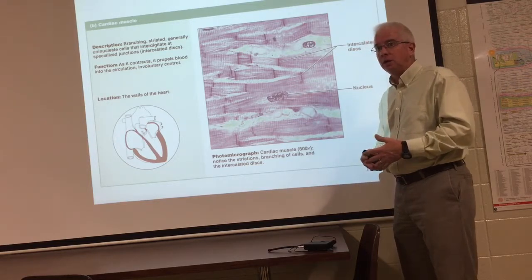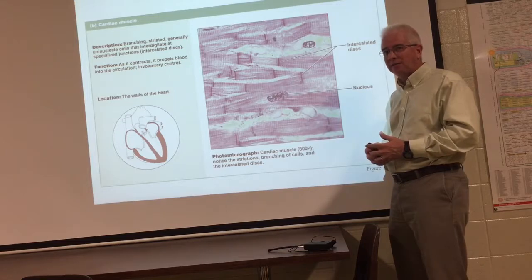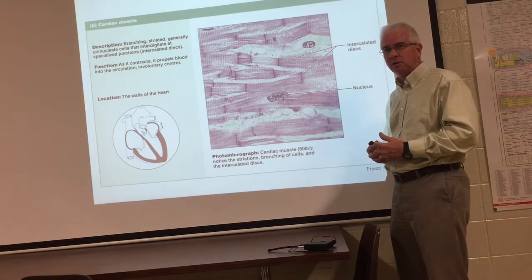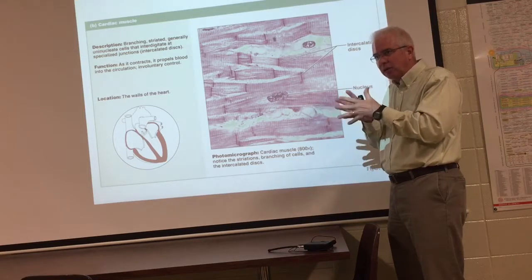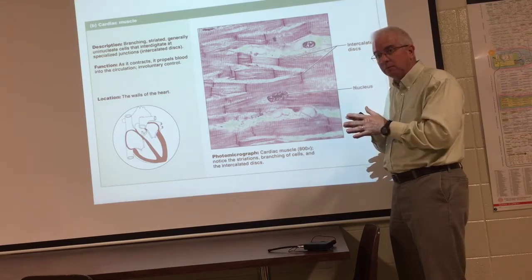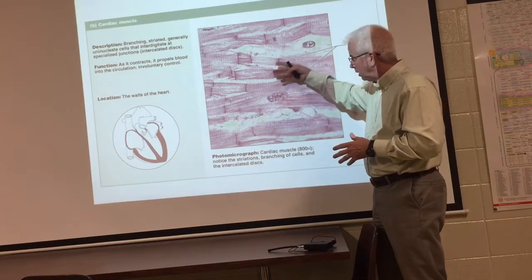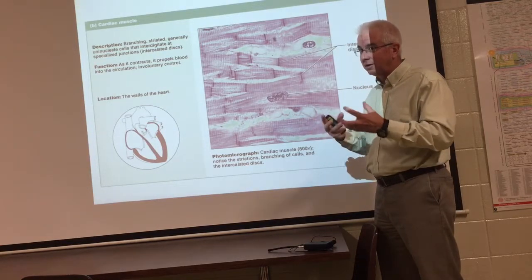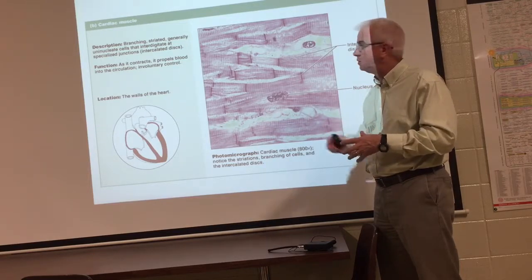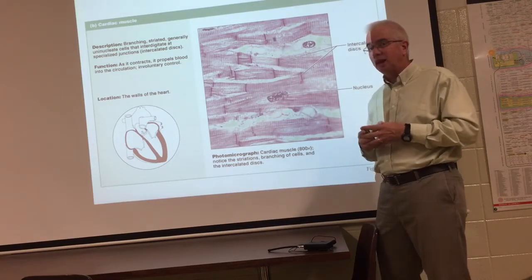The cardiac muscle cells are not packed together like the skeletal muscle cells are. They run in this kind of oblique arrangement to each other, creating gaps between them. And those gaps are dense connective tissue and, because of the collagenous nature of those structures, they form a skeleton for the heart.